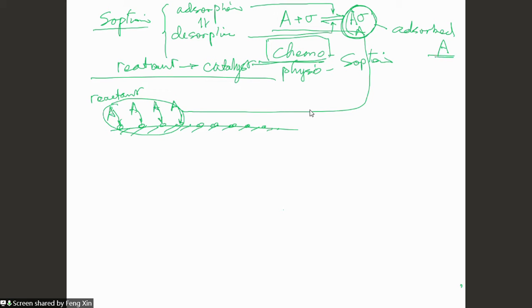So A can react with another reactant to produce the product. So this is the chemical adsorption for the catalytic chemical reaction. This is the adsorption.